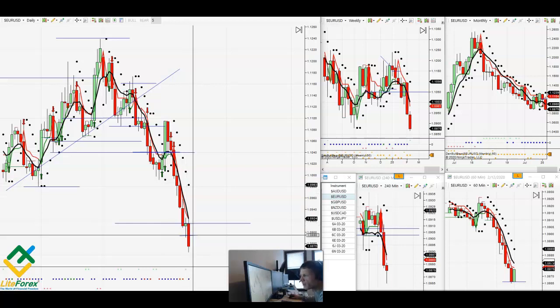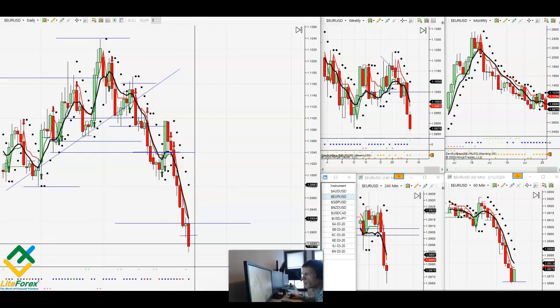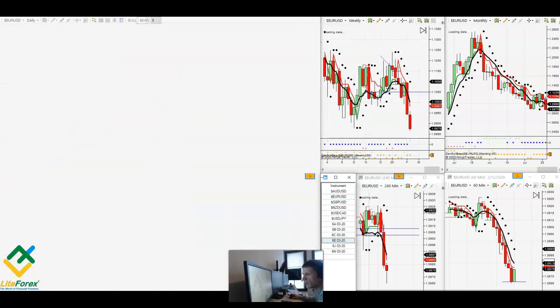If it breaks it, then we're really going to look for maybe it comes up, hits resistance, and then continues the downtrend. But I just don't see this downtrend going on much longer without a decent pullback. Just like you see here, you go a couple days, pull up, and then continue the downtrend. So I'm expecting a rebound imminently.